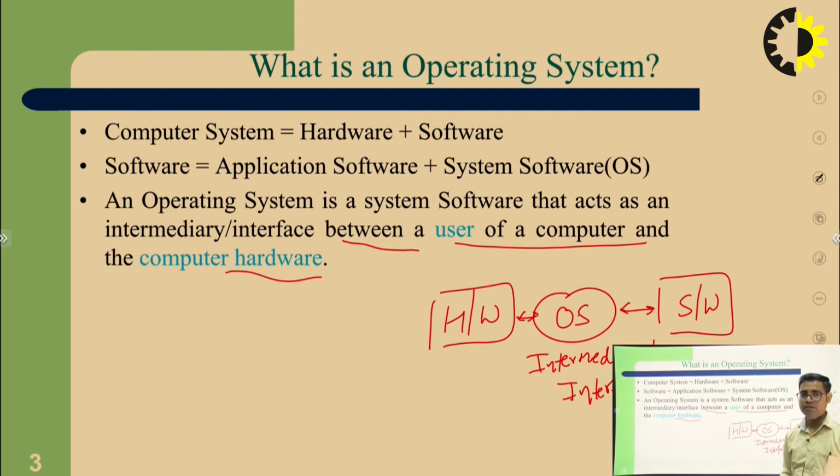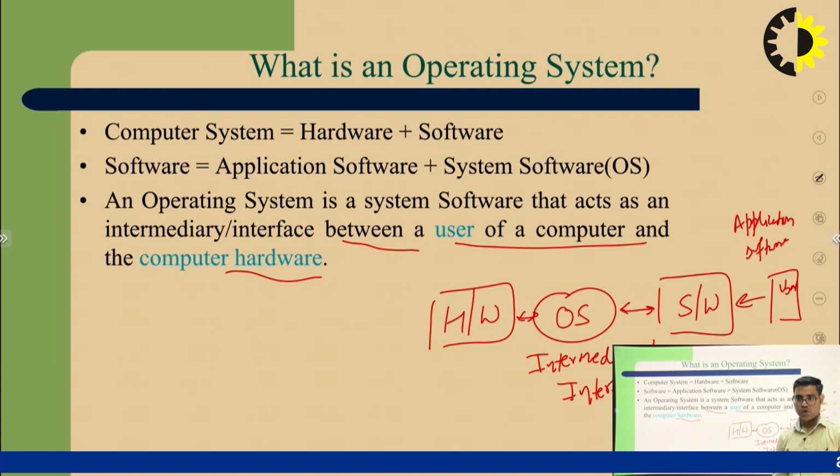Between the user, that means somewhere the user interacts with the software, that means we can interact with the application software, right? Or it provides a platform to the user or to the application through which we can interact with the system.